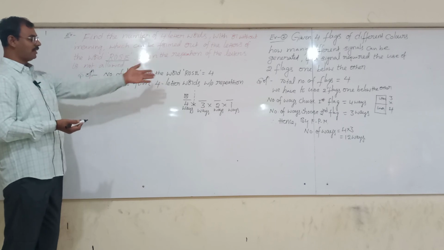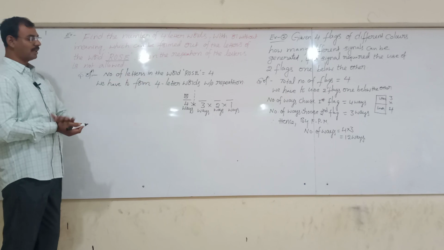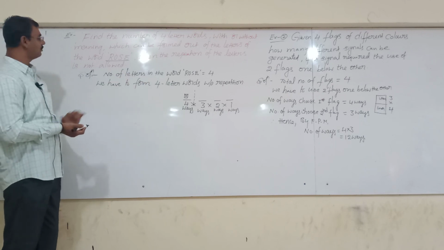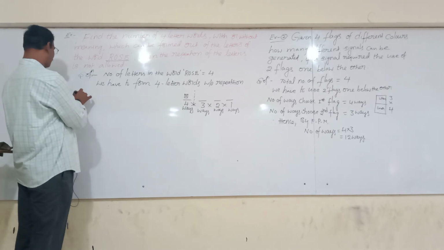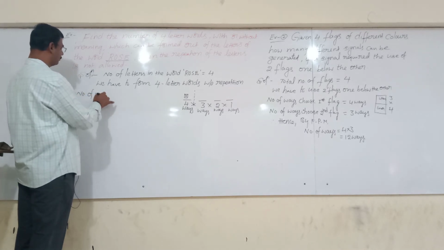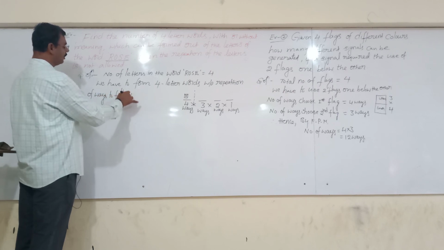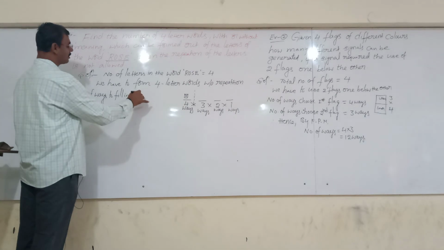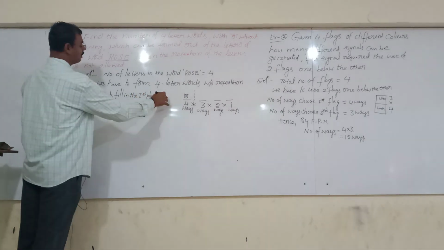The number of ways to fill the last place equals 1. Shall we write the answer? Very simple question. So I am writing it out in full. Number of ways to fill in the first place equals 4 ways.